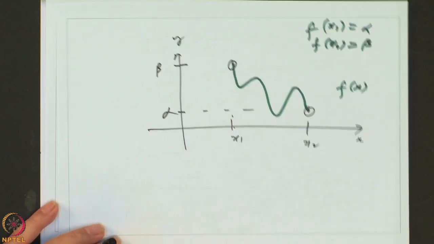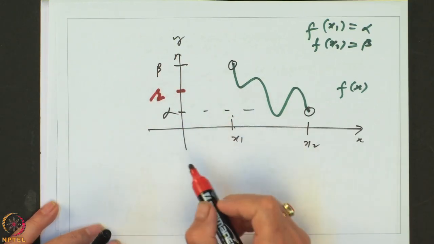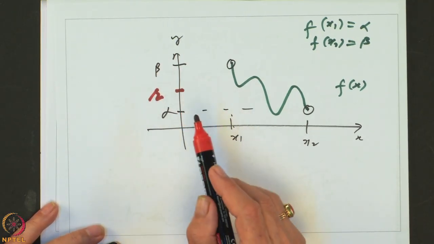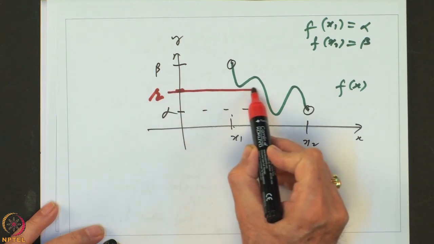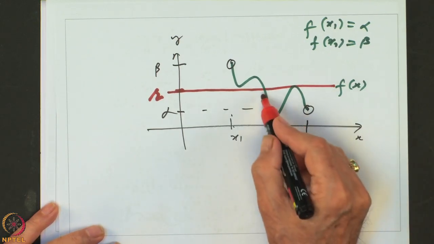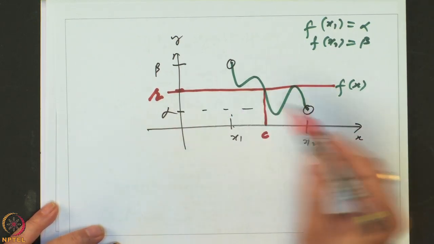We want to say that if I take any value r in between alpha and beta, then this value is taken by the function at some point. Geometrically, that means, if I draw this line, then it must intersect the graph at some point, because then this will be the point c where the value r will be taken.